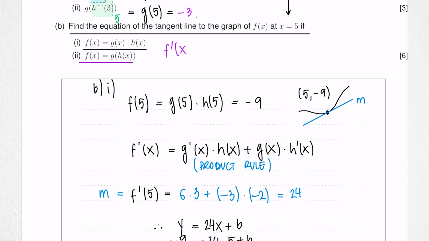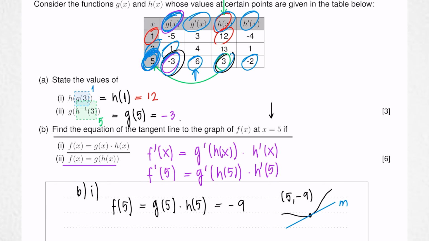So how do we apply the chain rule? f prime of x is g prime of h of x times h prime of x, which means that f prime of 5 is g prime of h of 5 times h prime of 5. h of 5 is equal to 3, and g prime of 3 is equal to 4. So we have 4 times h prime of 5, which is negative 2. So we have negative 8 as the result, as the slope.